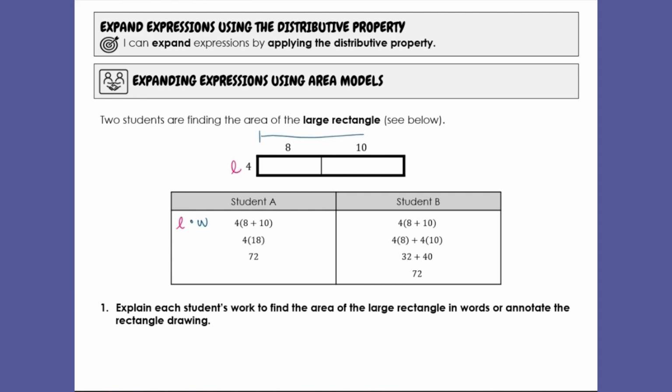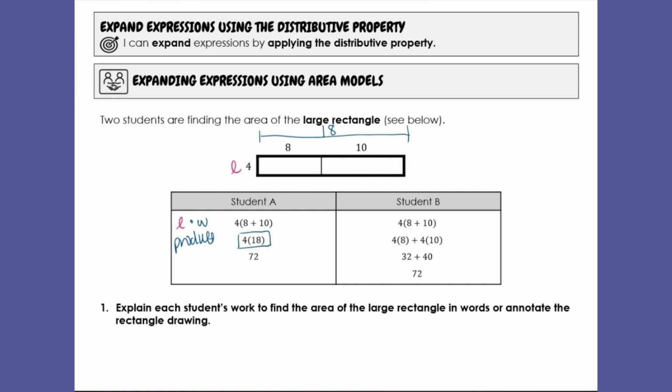The width is something you can see: the length of the first small rectangle is 8 and the other one is 10, for a total of 18. You can see in their work that they did 4 times 18 and got the area to be 72. So they saw it as a product, meaning they were looking at their length times their width, the traditional way to find the area of a rectangle.